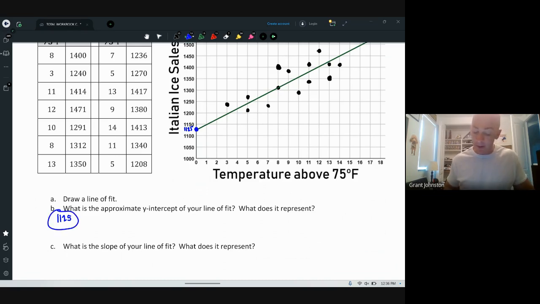What does it represent? Because remember, this axis down here is the temperature over 75 degrees. And this line of fit is used for predictions.